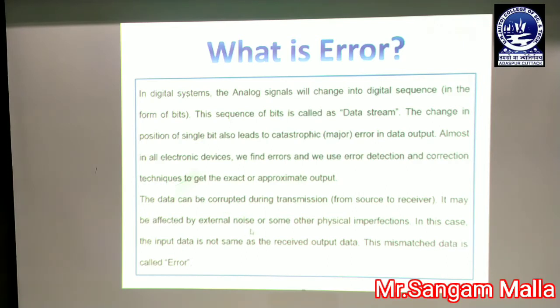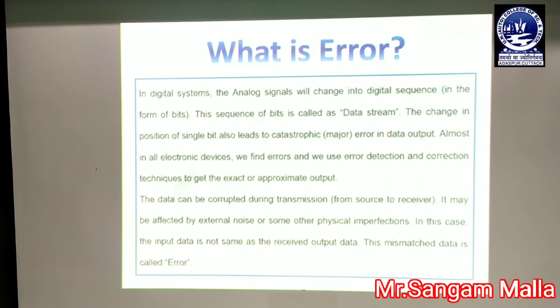Here, external noise means the noise we get from wires and cables or in wireless mediums. Any physical imperfection while sending data from source to receiver is termed a data error. In this case, the input data is not the same as the received output data. Whenever we send data and find some error, the input data we send from the source is not exactly the same as the output data received by the receiver.